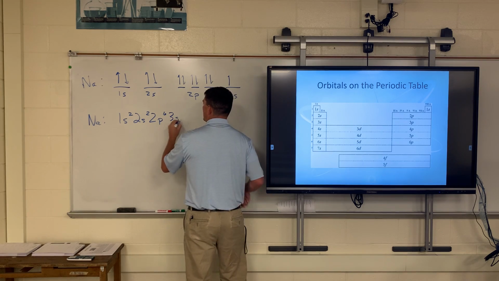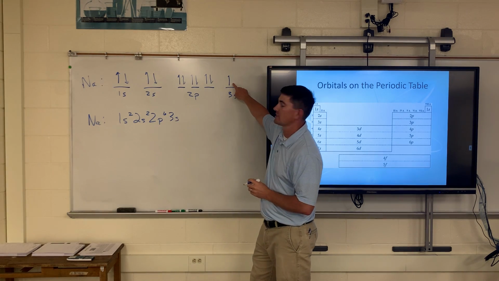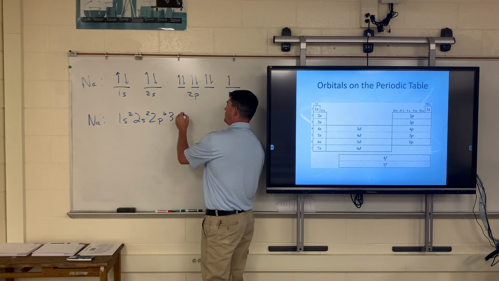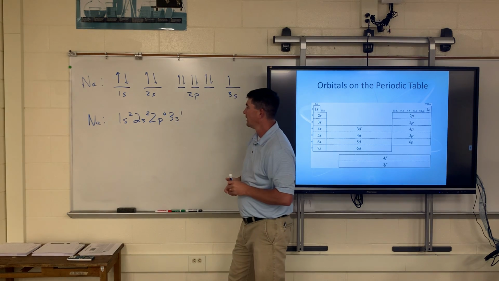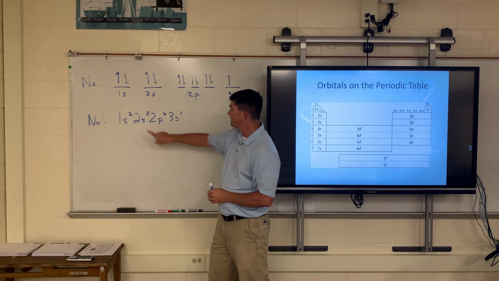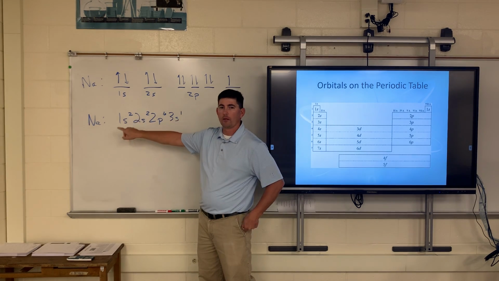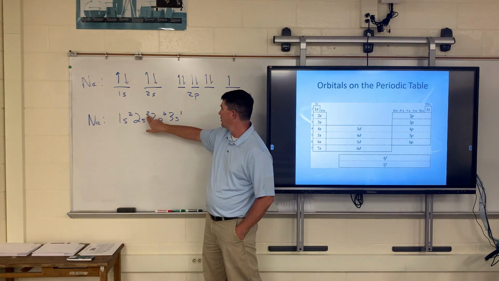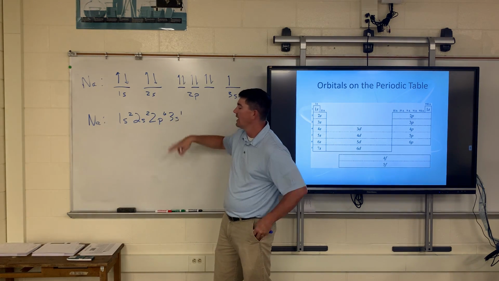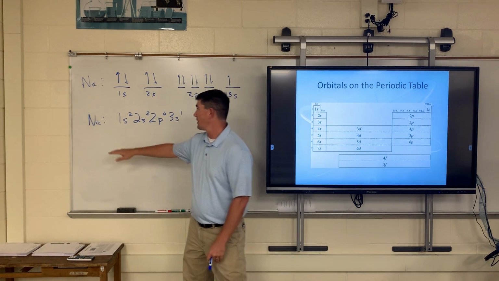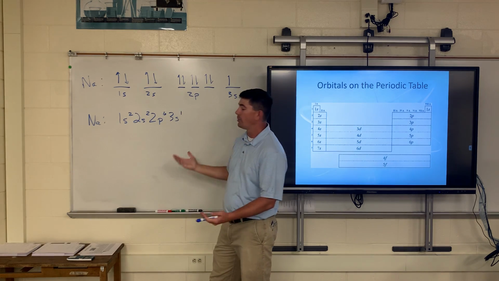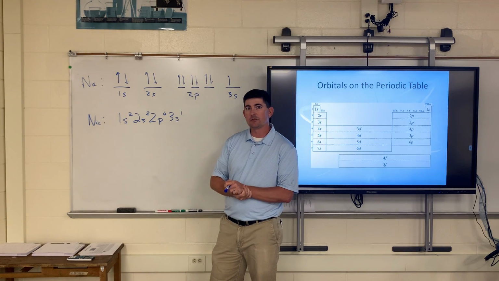And then we have the 3s, and for sodium, remember 3s only has the 1, so we have 1 electron in the 3s. If I add all of my superscripts, or all of my exponents up, 2, 4, 10, 11, I should get the number of electrons that sodium has. So sodium has 11 electrons, so boom, there's 11. That's it. It's easy peasy, okay?